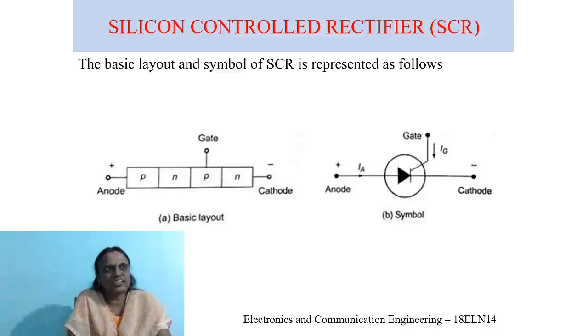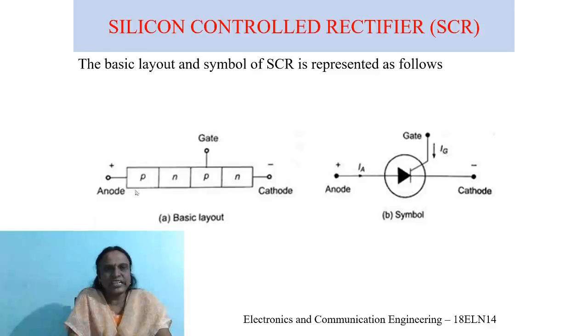Basic operation and symbol of an SCR: it is made of silicon, as the name says, because of the high temperature requirement for handling large current and power. Its four layers are PNPN as shown in this figure.